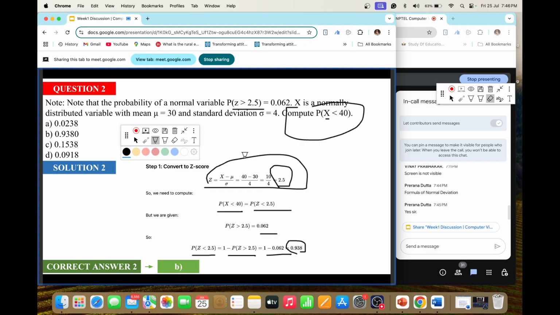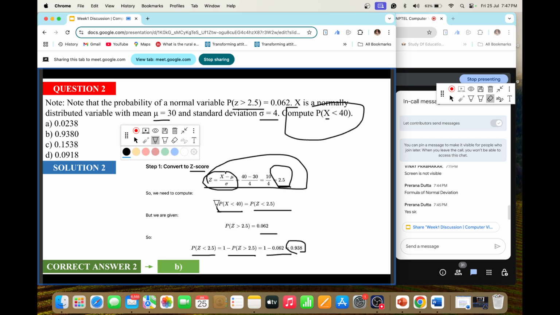Z equals x minus mu by sigma, that is the z score. Is mu given? Yes, mu is 30. Is sigma given? Sigma is also given, that is 4. So you can convert x equals 40 to z. When x equals 40, your z is 2.5.